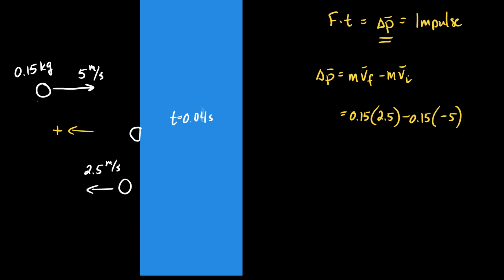Common mistake, and I even heard people say that they got something different. They got it different because you didn't take direction into account. And this will give you positive 1.125. It's positive, and it's kilograms meters per second, but the positive means to the, I guess, left.